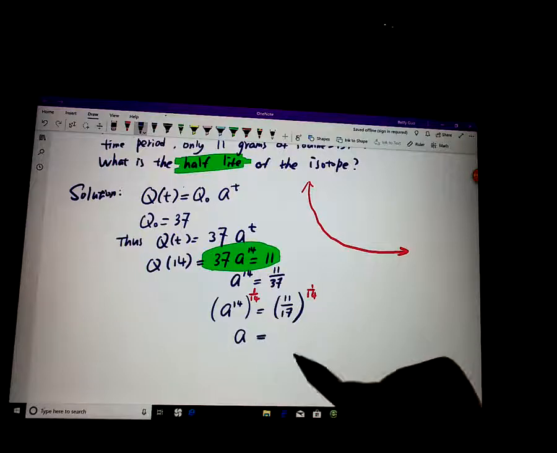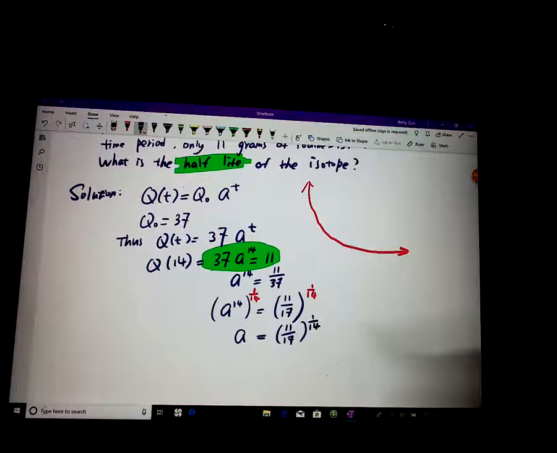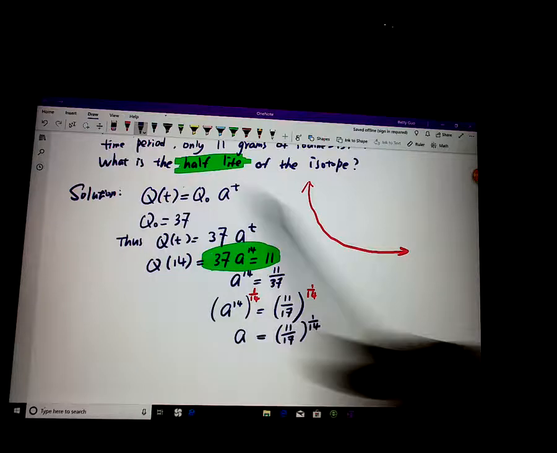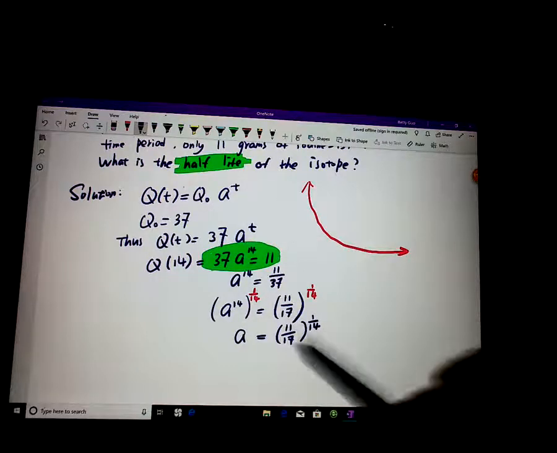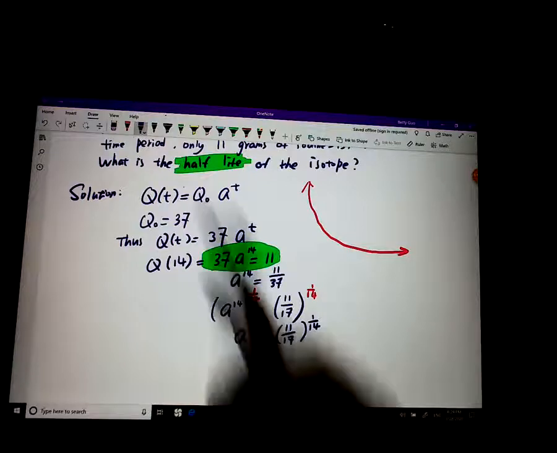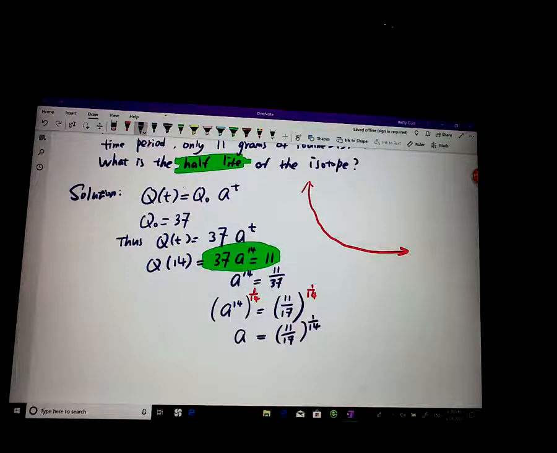We have a by itself on the left. And on the right-hand side, we have 11 over 37 to the power of 1 over 14. By the information that we are given, we found the base for the function. The number here must be between 0 and 1 because we are constructing an exponential decay function.